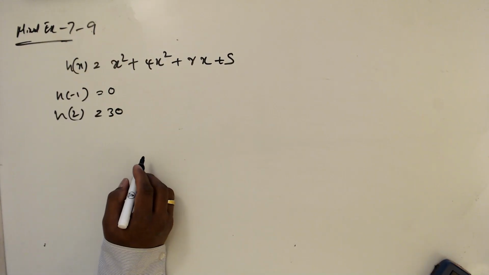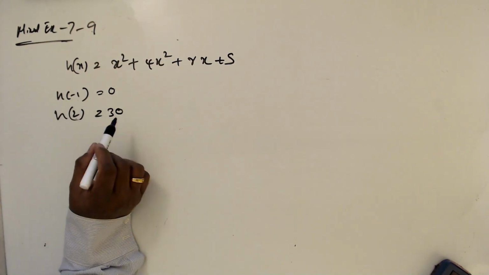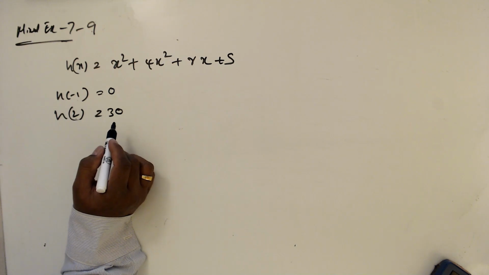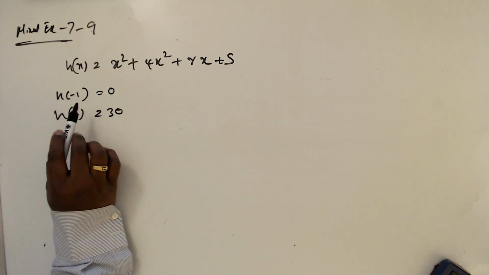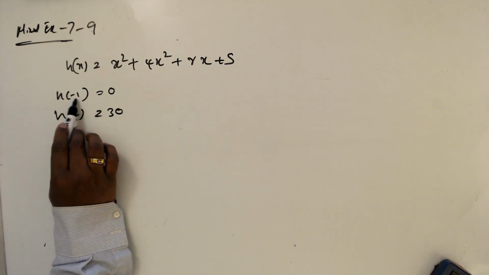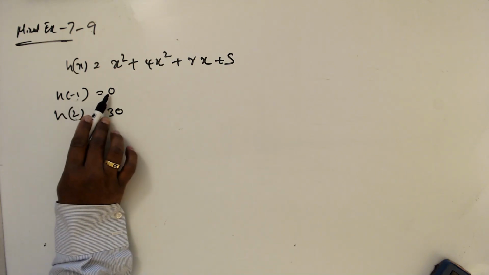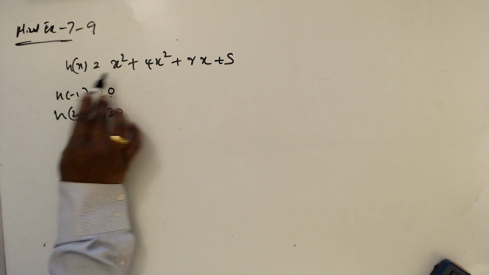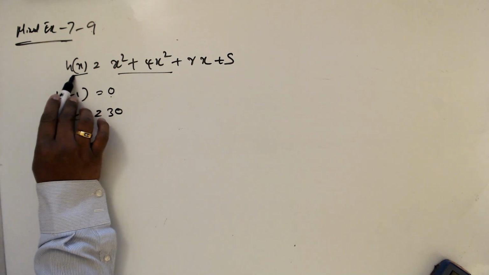Question number 9. There are two numbers, minus 1 and 2. Which one is the root? That's a good question, not the factor. Which one is the root here? Minus 1 or 2? The root is going to be minus 1, because the answer is going to be 0, because this is x values and this is y values.